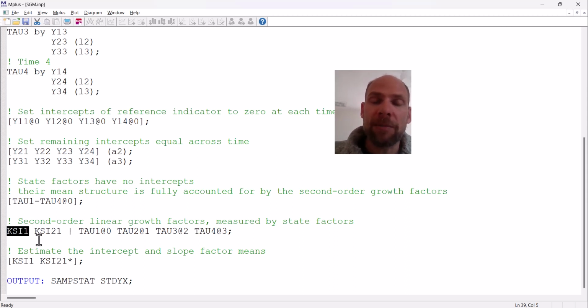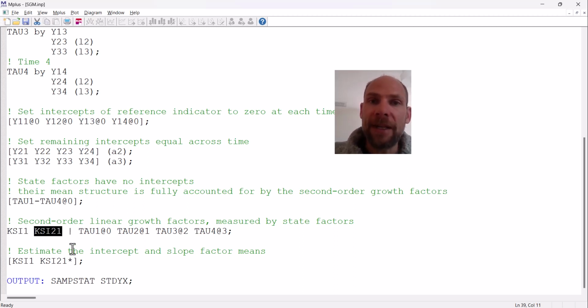So that's a person-specific factor that indicates true individual differences that are due to person effects only in the sense of latent state trait theory. So that's the trait at time 1, which is called Xi1. And then the next factor here, Xi21, is a trait change factor.